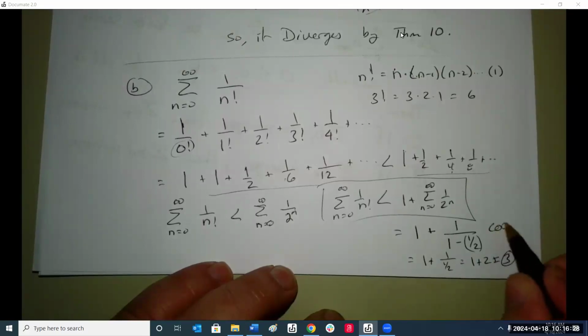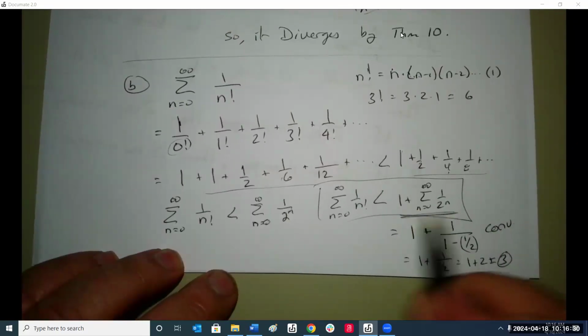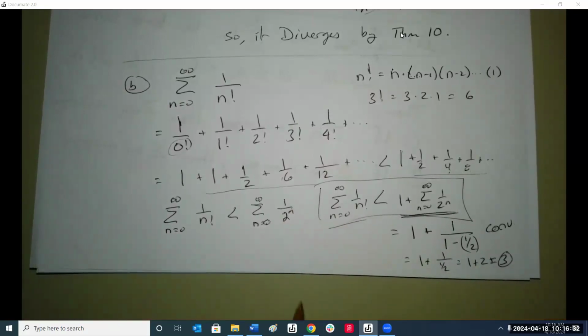So it converges. Since this one converges, this one has to converge.